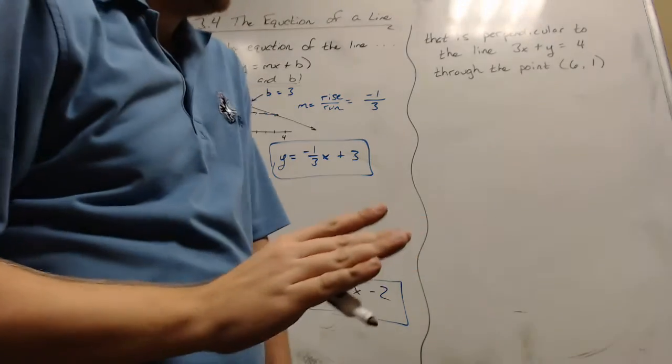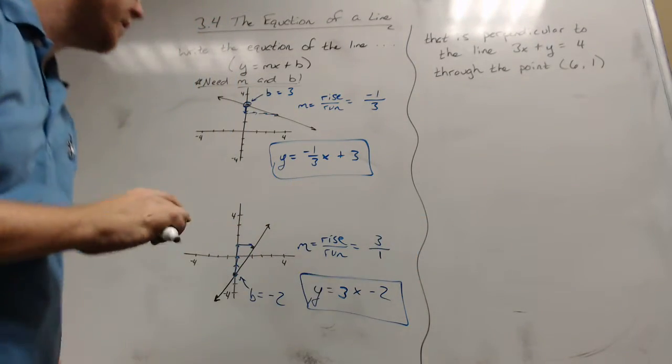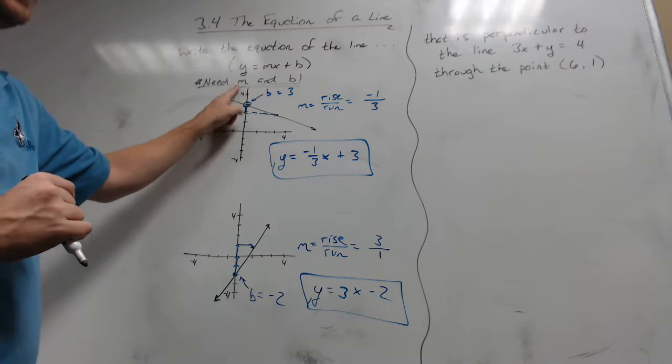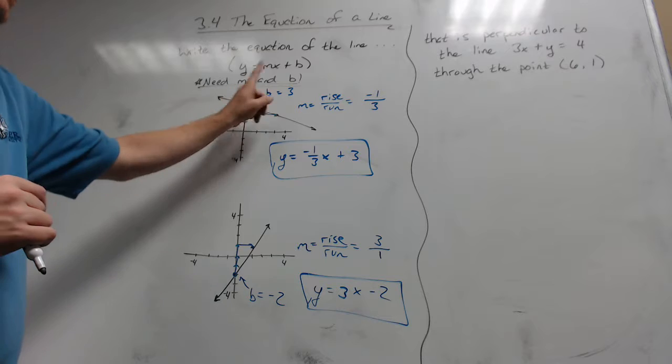Okay, so this is a little bit more involved, but it doesn't change much. I still need to find m and b. If I'm writing the equation of the line, this is where my mind's at. What is m, and can that m help me find b?